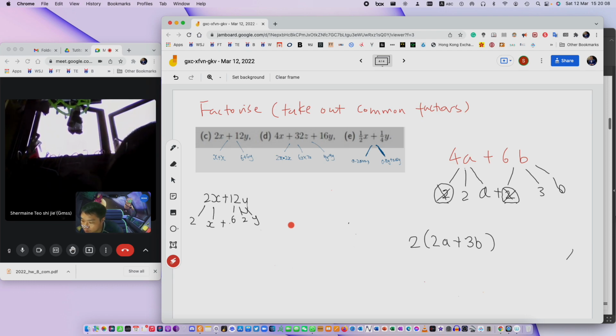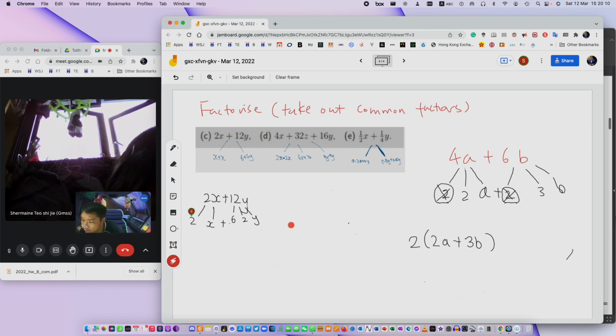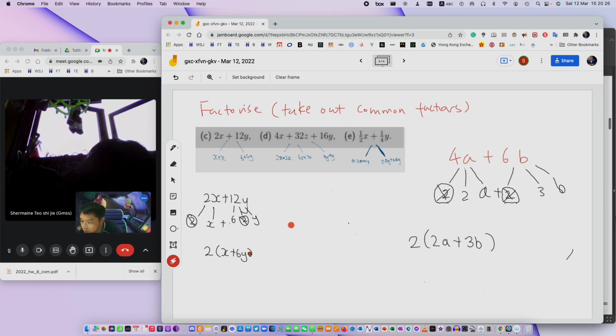Then start to circle the common factors. Once you have a common factor, just factorize it out. Then you can cross out. Then write down what is left. Is it simple? Okay, good. Then do for this part D.